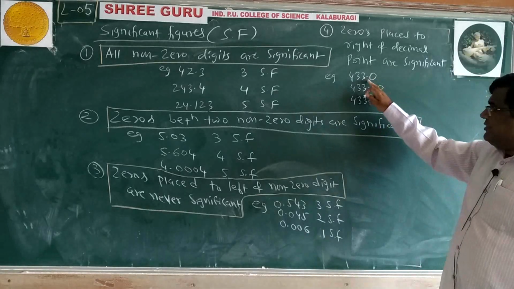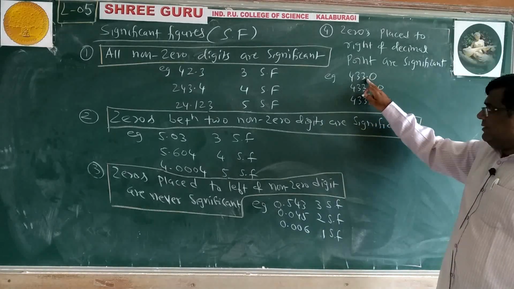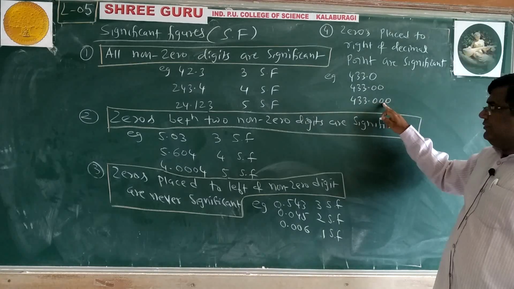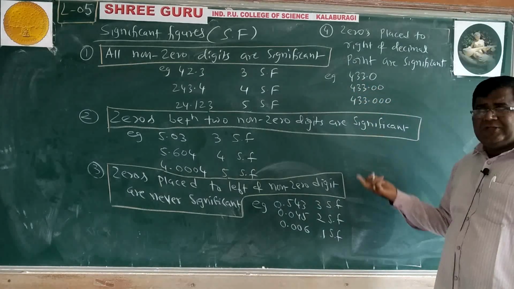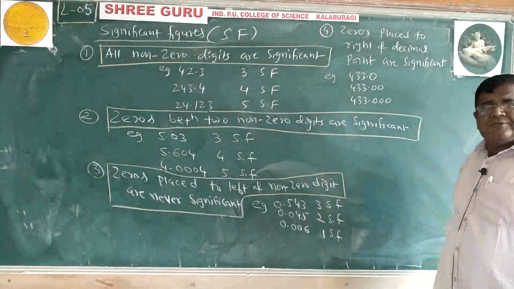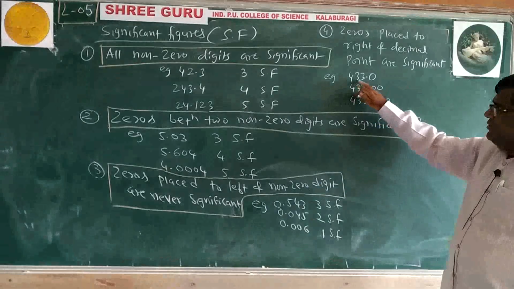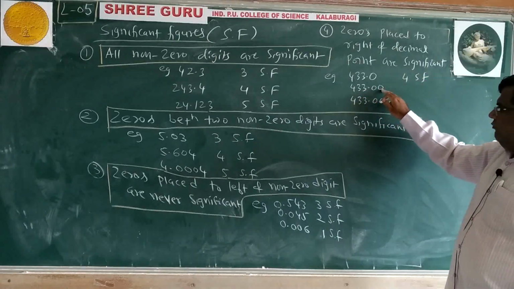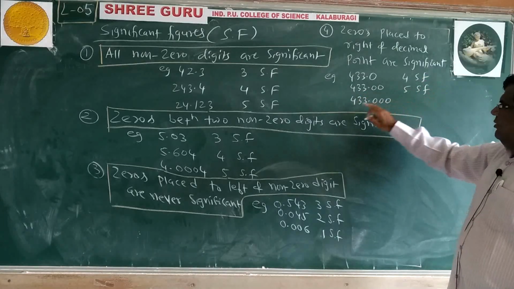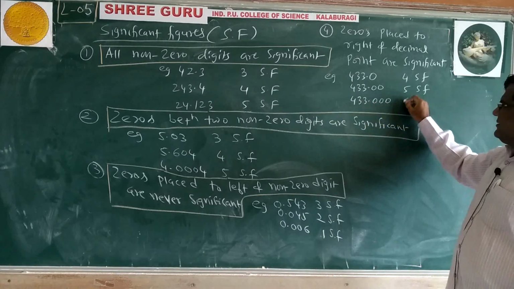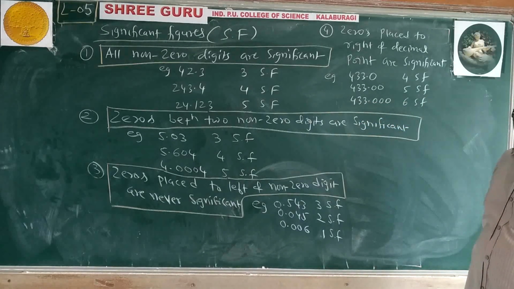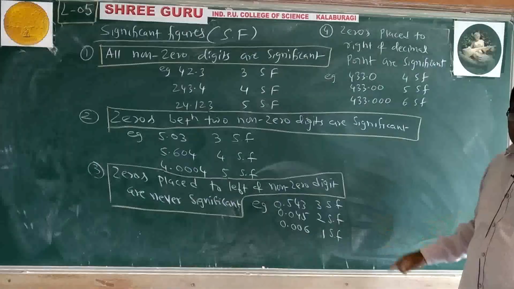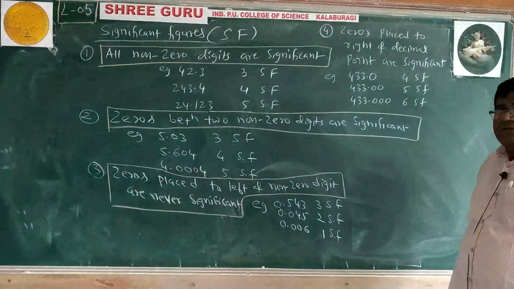So this is the decimal point here, and the zeros are placed to the right, so they are significant. And being non-zero, these numbers are significant. So the number of significant figures here are 1, 2, 3, 4. 1, 2, 3, 4, 5. 1, 2, 3, 4, 5, 6. So those zeros which are placed to the right of the decimal point are significant.